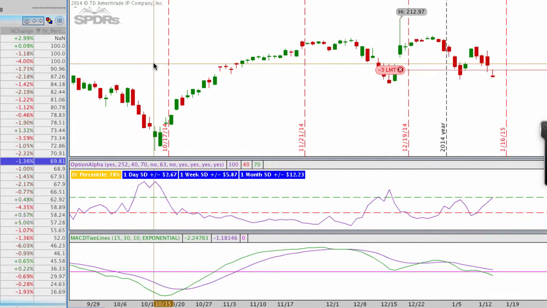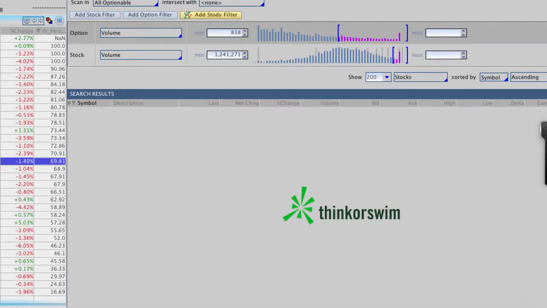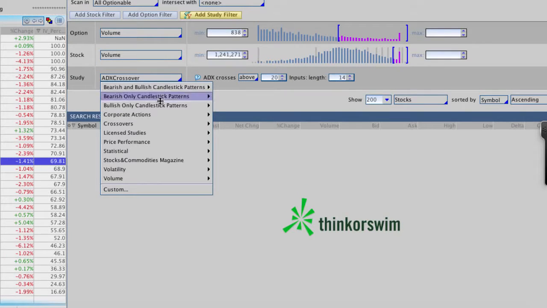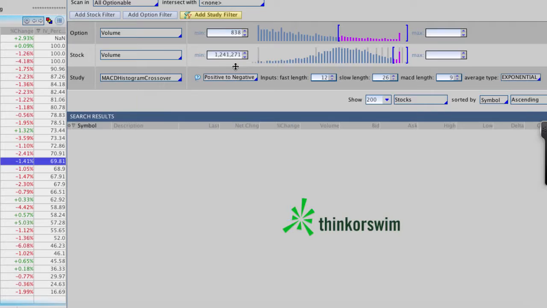There's other ways that you can scan for trades with technical analysis by going through and using the scan tab inside thinkorswim. There's a really cool way that you can filter things by different study indicators. So for example, if you wanted to pull up all stocks that had, and if I just add that study indicator, a MACD crossover that was from negative to positive, then you could do that inside thinkorswim.